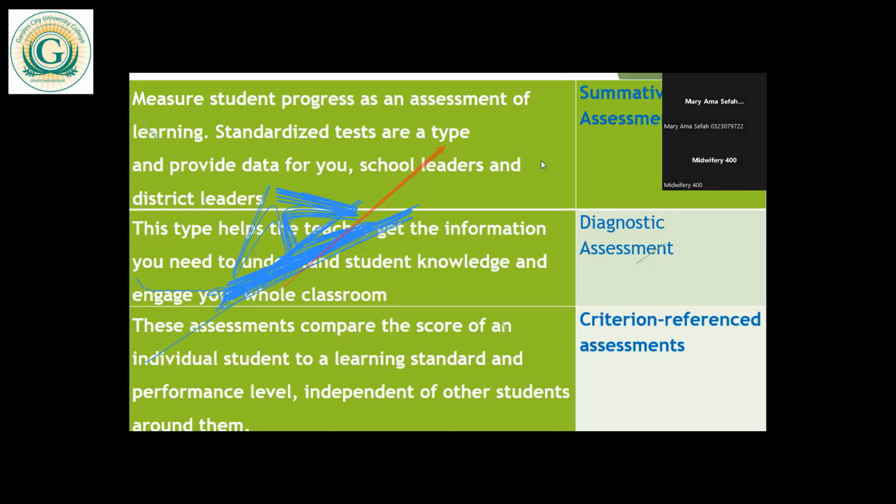You are not assessed in the process of learning the material. You will be taught everything from A to Z. Then this type of assessment comes at the end, after we have finished the last thing, and then you are assessed on it.